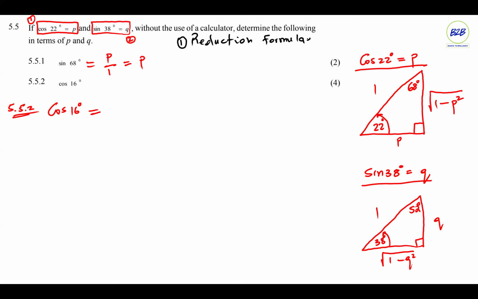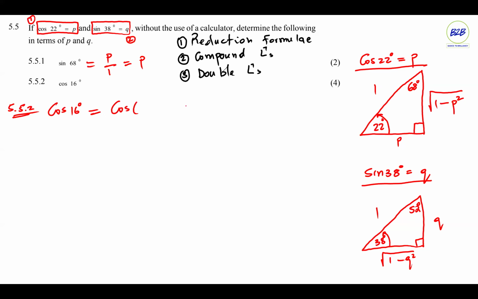You choose any of the reduction formulae which we have covered in the previous episode, or you can explore compound angles, or you can explore double angles. It depends. In this scenario, we will explore the compound angle.